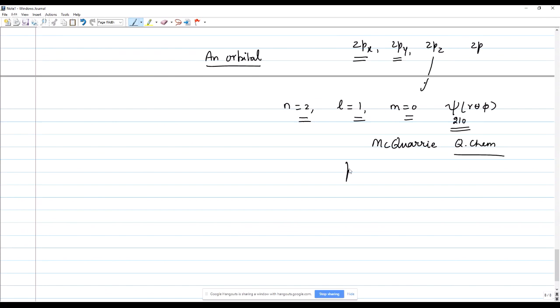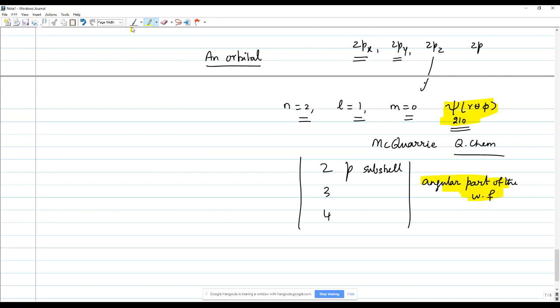If you say a p subshell, and don't say whether it is 2p or 3p or 4p, then all you are referring to is the angular part of the wave function. Okay? Remember the difference between this angular part, this part, and this part.